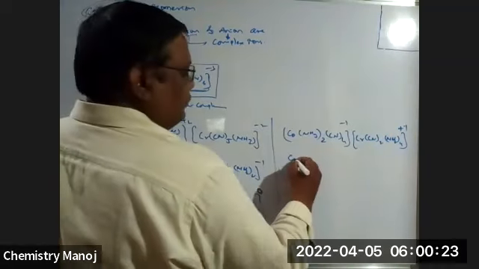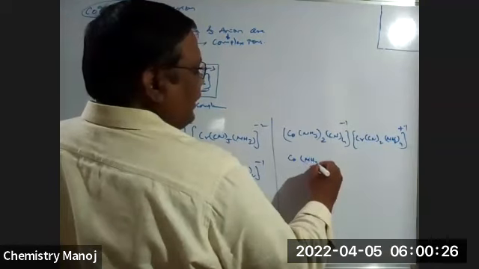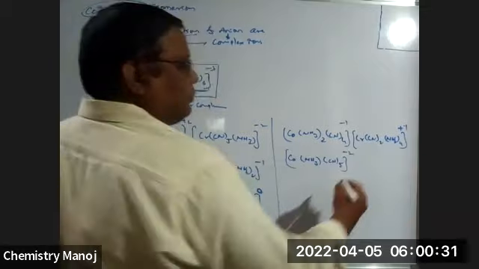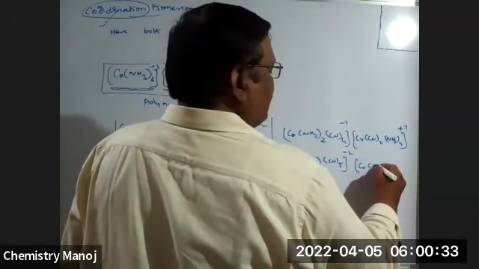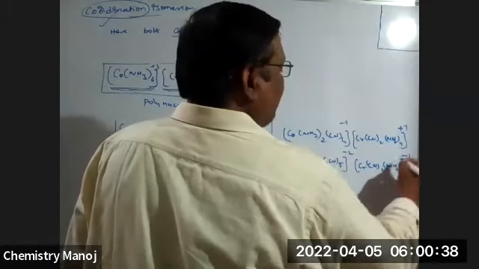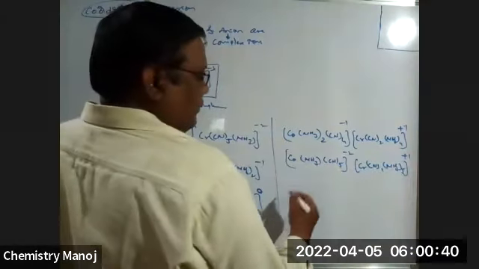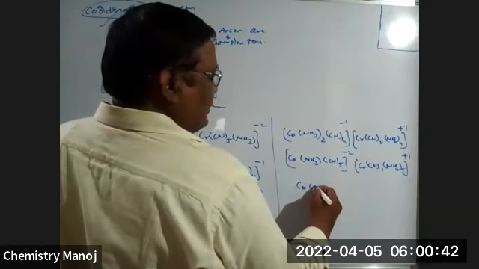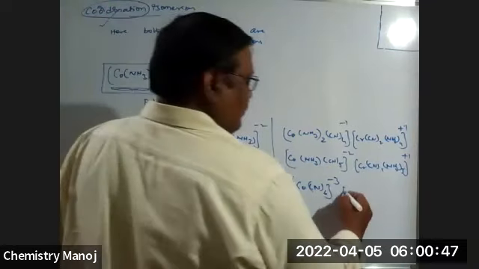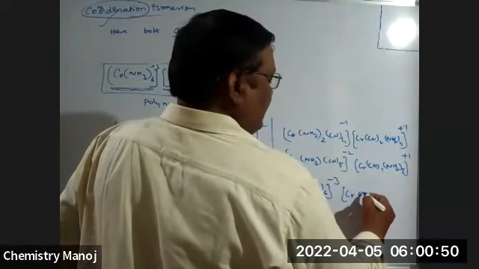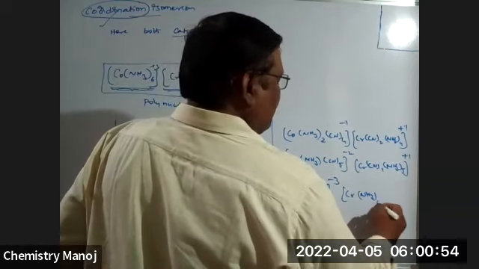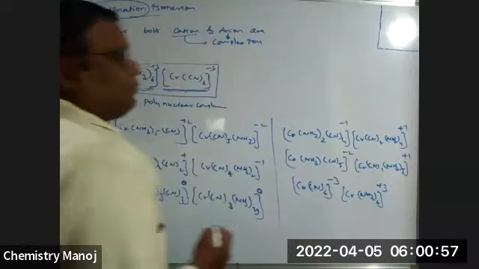Next, Co(NH3)1 (CN)5 minus 2, Cr(CN)1 (NH3)5 plus 2. Last, Co(CN)6 minus 3, Cr(NH3)6 plus 3. Okay.